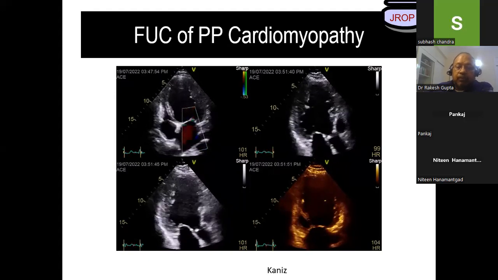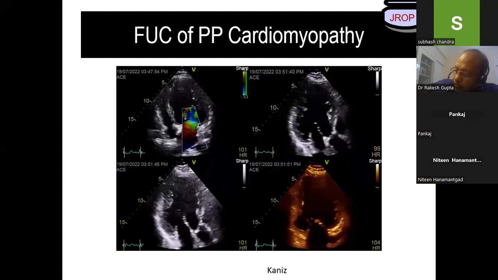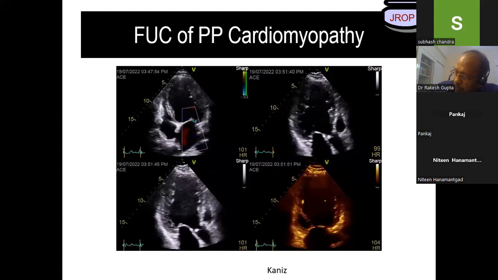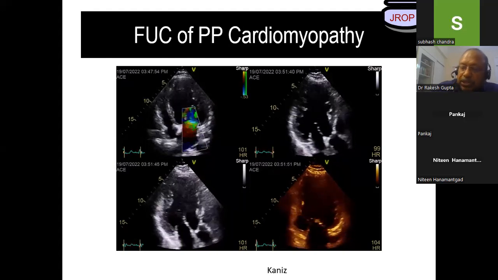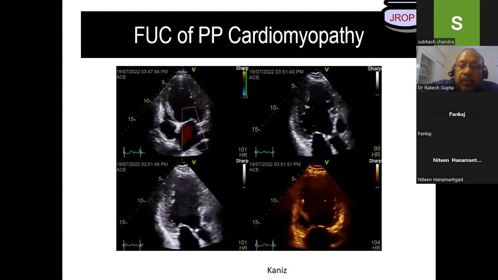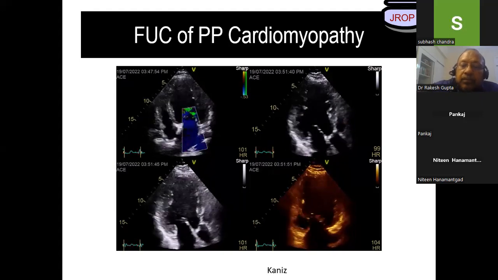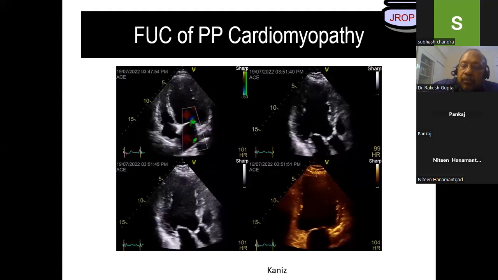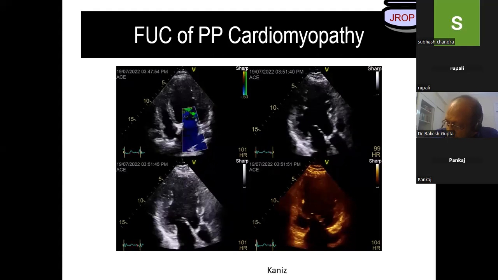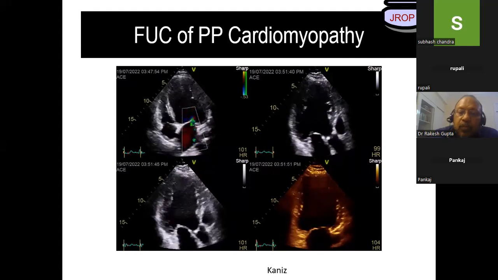Sir, this is an apical three-chamber view showing hypokinesia in the basal septum. Where is the septum?